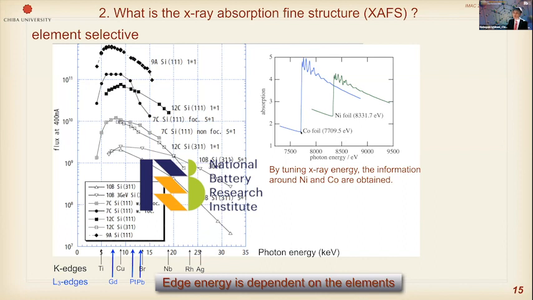So if you tune the X-ray energy about here and here, the information around the cobalt and the nickel is obtained separately. Also, there is some interference. If cobalt and nickel coexist, this region is a little bit difficult. However, we can get information about here and here. So the edge energy is dependent on the element, so we can get each of the elements.